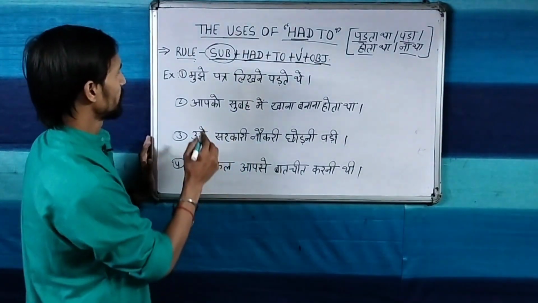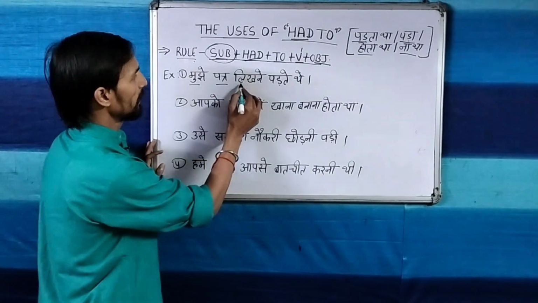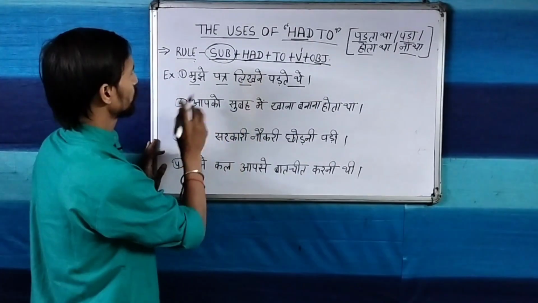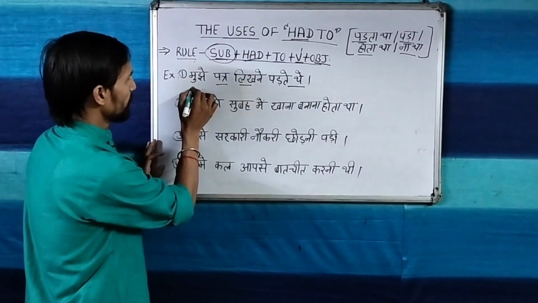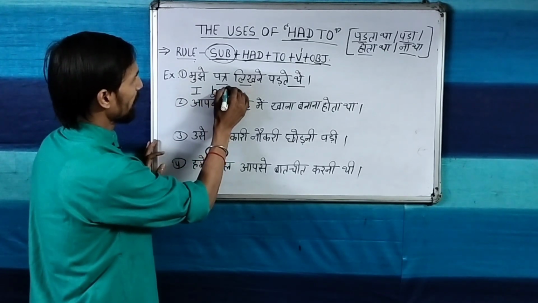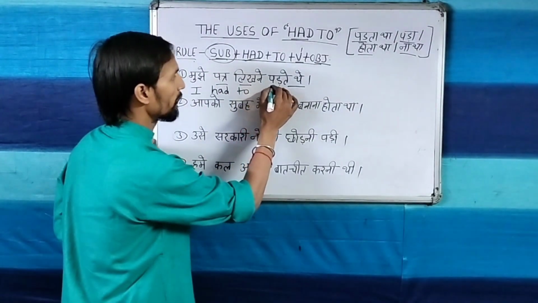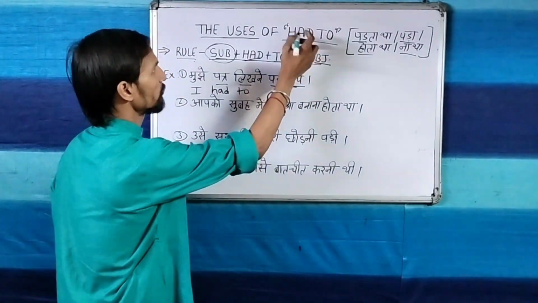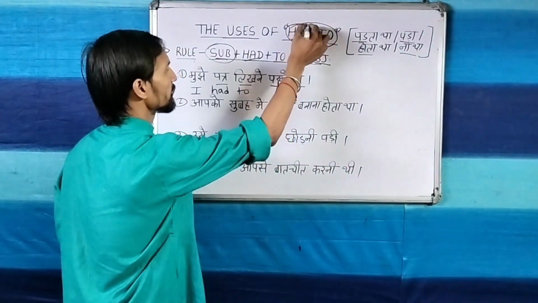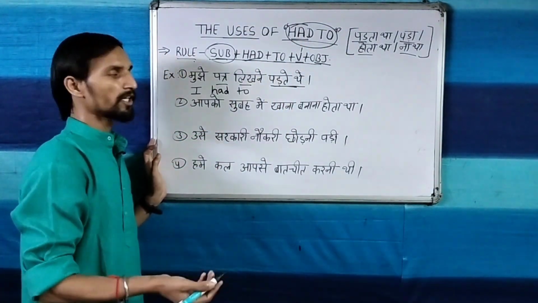Now let's see the first sentence: मुझे पत्र लिखने पड़ते थे. First we take the subject I, with I had, and after had, to: I had to. Now पड़ते थे, this is the identity of had to. In this sentence we are talking about necessity or obligation.